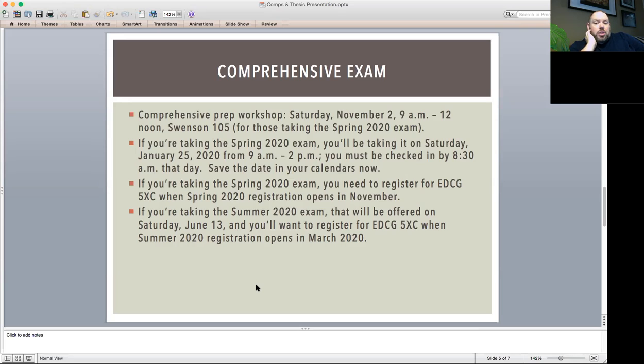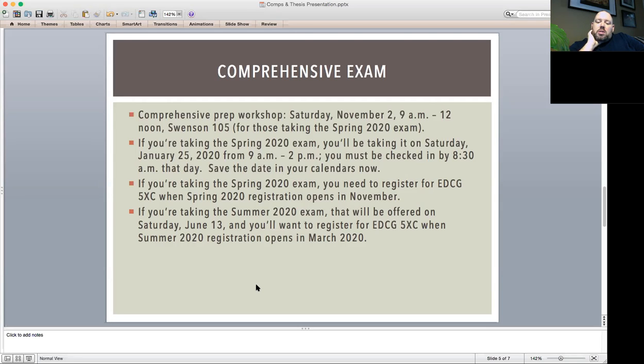Registration is not open yet, but in the EDCG list of courses, if you scroll, it's always the last course on the last page of different courses that we offer in that semester. But you will need to register for that exam if you plan to take the January exam.